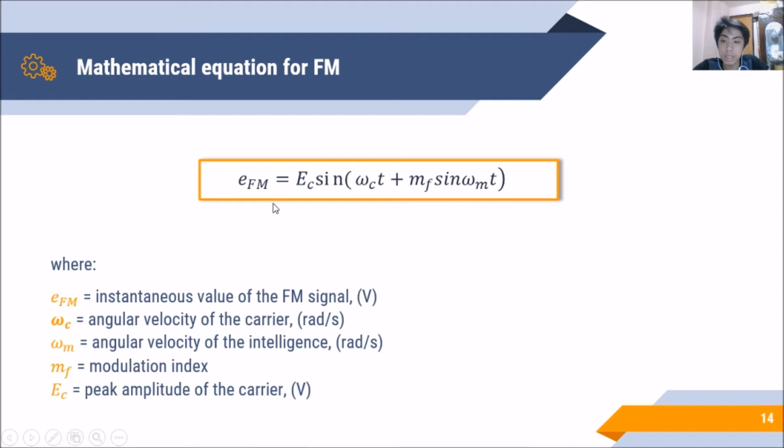Here, e sub FM is the instantaneous value of the FM signal in volts, and omega c is the angular velocity of the carrier, in radians per second, and omega m is equal to the angular velocity of the intelligence, also in radians per second, and m sub f is the modulation index, and E sub c is the peak amplitude of the carrier in volts.